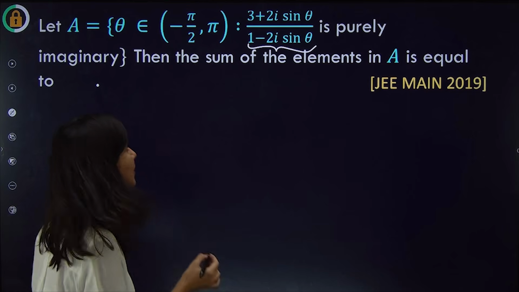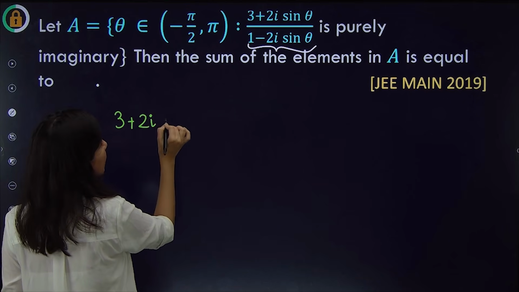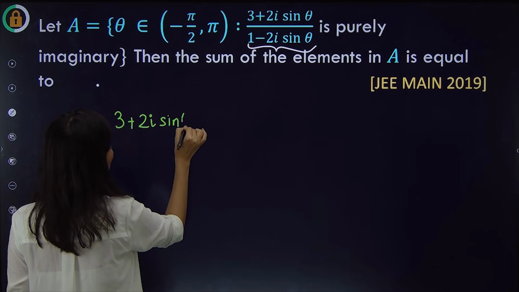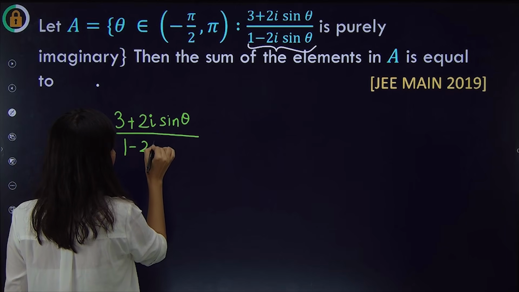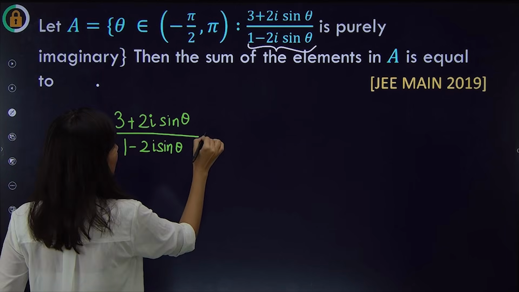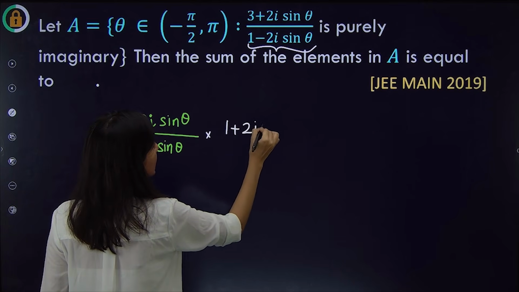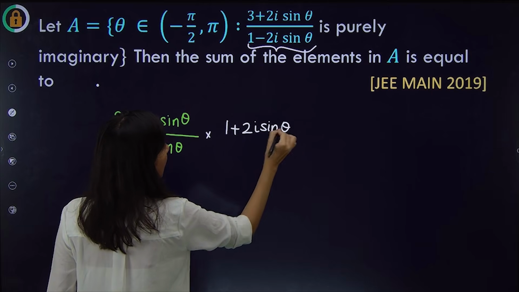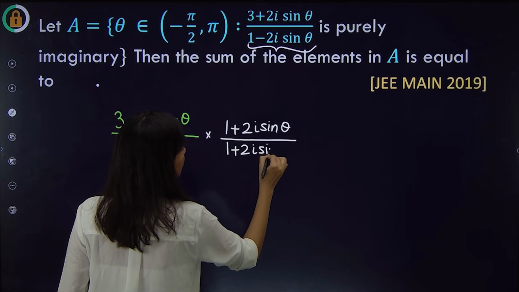Before that, we need to rationalize it, because we are seeing iota in the denominator, which we do not want: 1 minus 2 iota sine theta. How to rationalize it? By multiplying and dividing by the conjugate of this denominator. So 1 plus 2 iota sine theta and 1 plus 2 iota sine theta.